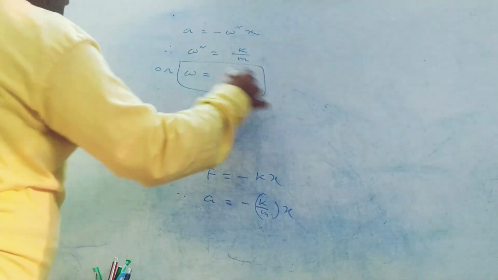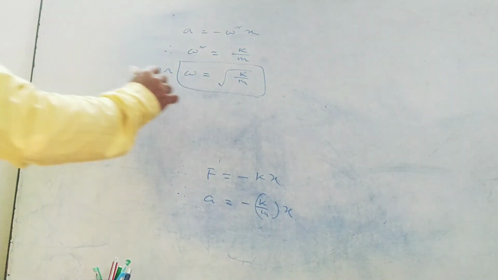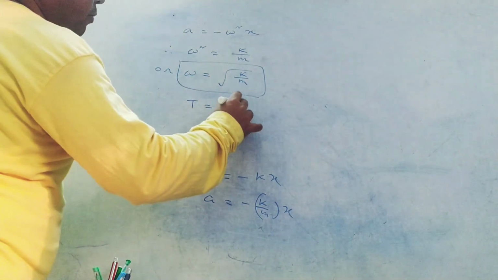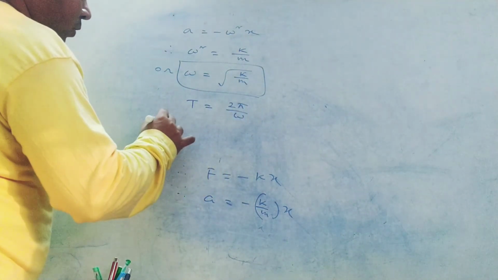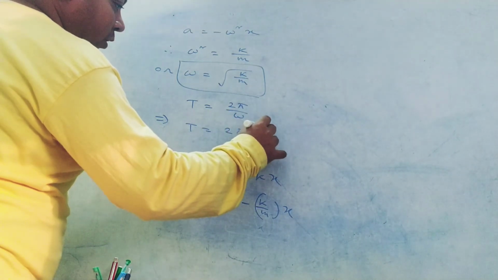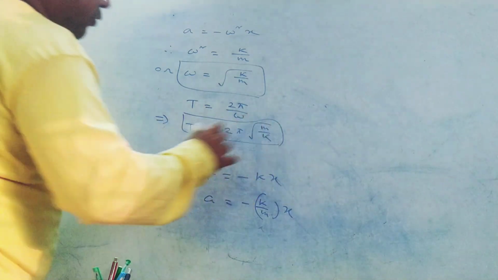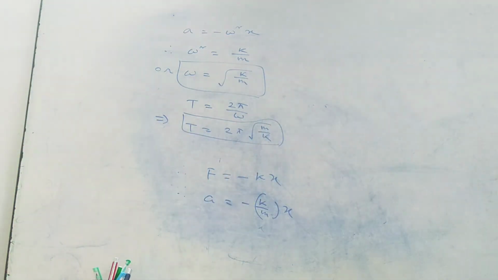This is the expression of angular speed of the spring. Now, time period T is equal to 2 pi by omega. Therefore T is equal to 2 pi root of m by k. This is the expression of the time period of the spring.